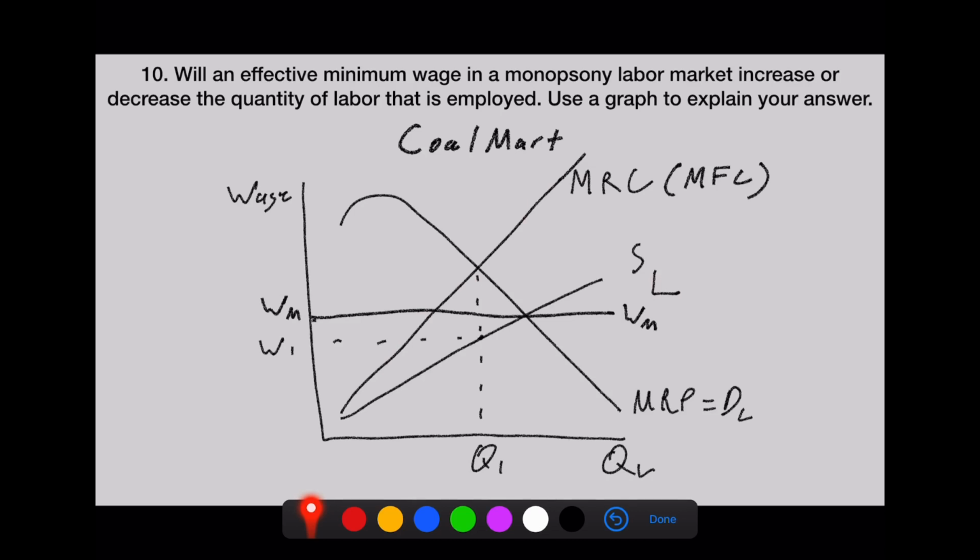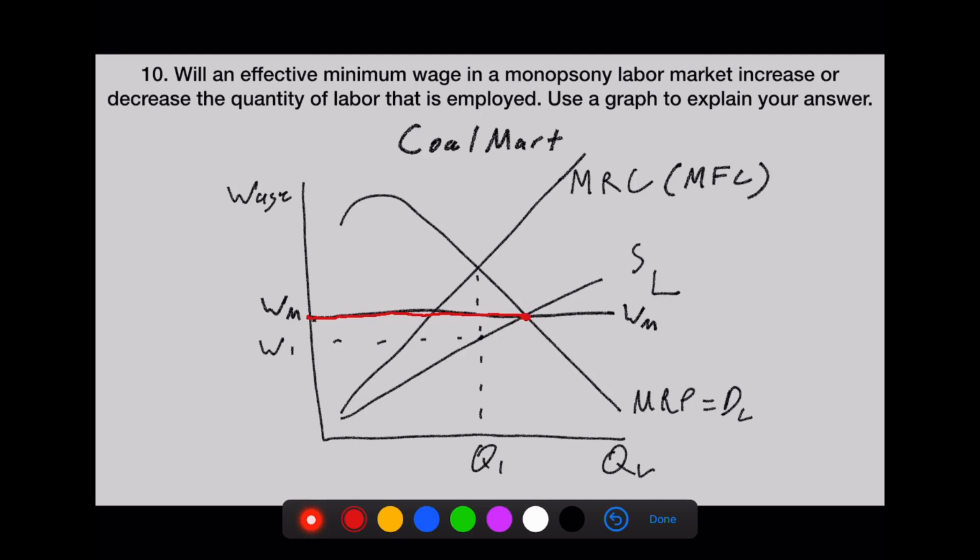Now, minimum wages in competitive markets are a bad idea. They cause unemployment, but in a monopsony, they're a good idea. Here's why. When you put in the minimum wage, it causes MFC to track along that minimum wage all the way until you see supply of labor exceeding the minimum wage.